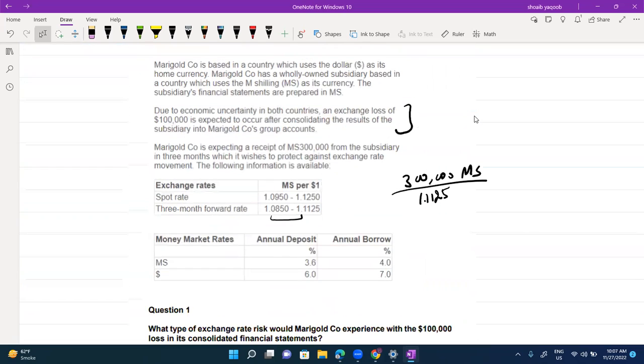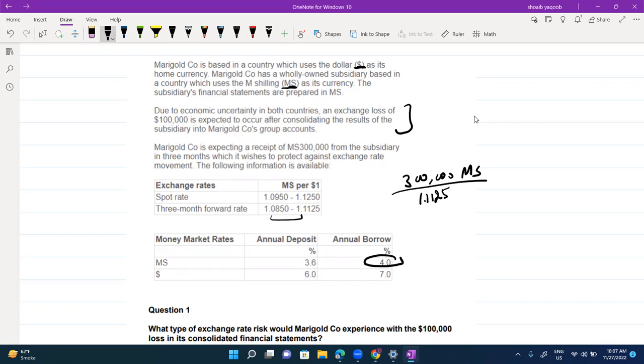So your own currency is dollar, foreign currency is MS. If you're receiving the MS after 3 months time, it's a case of receipt. याद है जब बाहर से पैसे आ रहे होते हैं तो बोरो किस में करते हैं? So if you are receiving money after 3 months, in which currency we will borrow, MS or dollars? If we receive the MS in 3 months time, we will borrow in foreign currency.